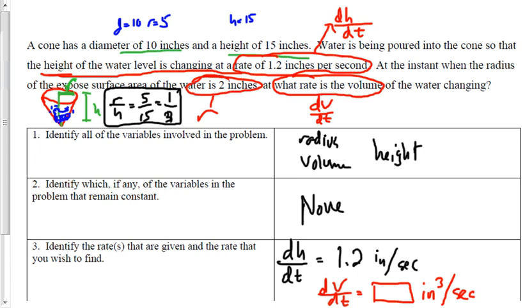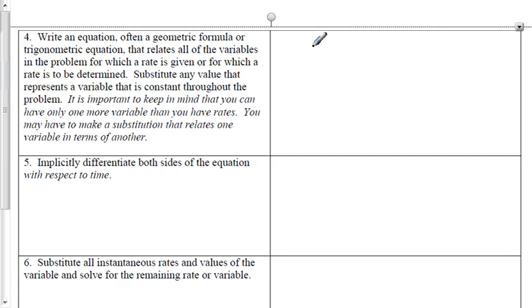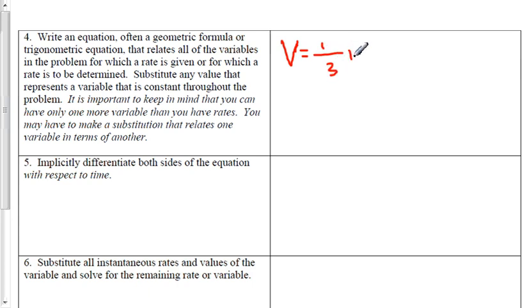So let's go to the next page. Steps 4, 5, and 6, write an equation, and we can flip back and forth as we need to. Well, we're talking volume of a cone. So 1/3 pi r squared h. Okay, so what do I know? I know, as I said before, that the ratio of the radius to the height was equal to 1/3.